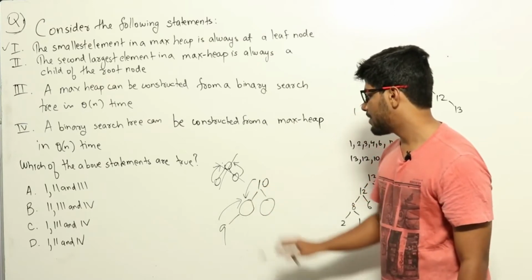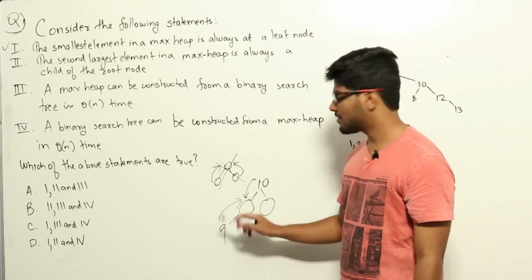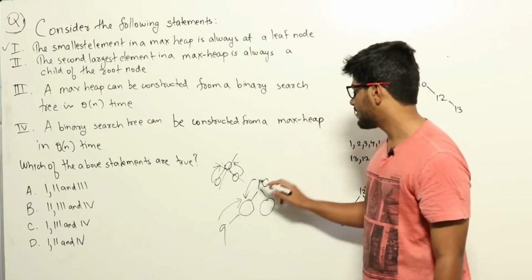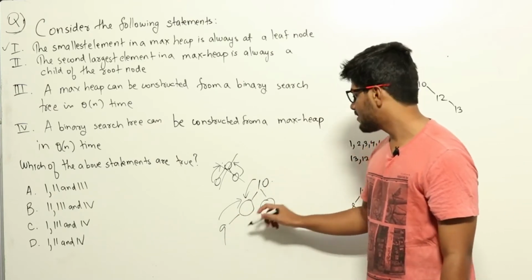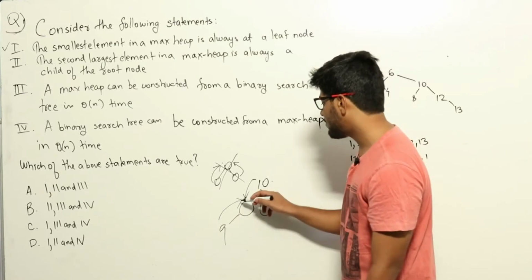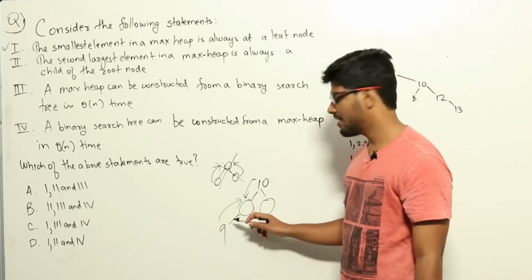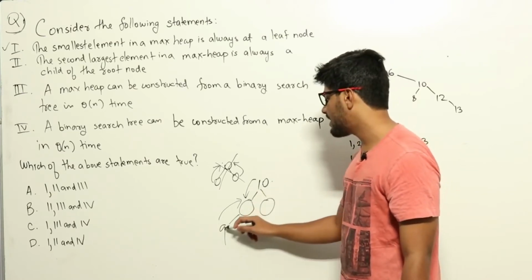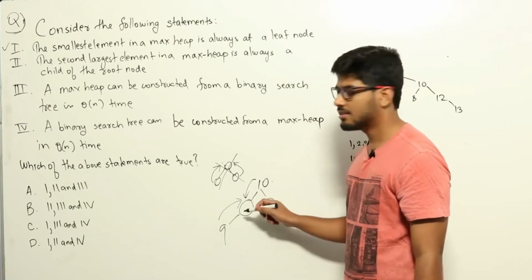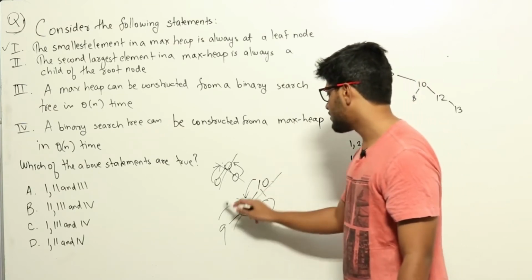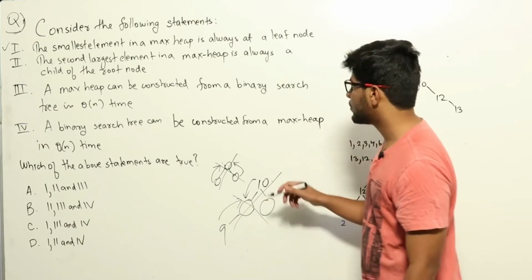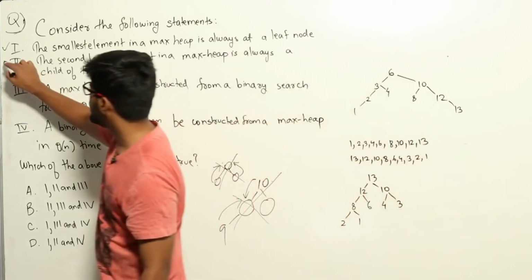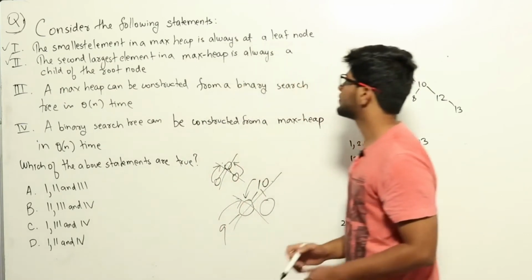But we know that 9 is the second largest element. There is only one element greater than 9, that is 10 only. So we can't find another element greater than 9 and less than 10 in order to be 9's parent and 10's child, which means such a case is not possible. The second largest element always has to be a child of the root node. So statement 2 is correct.